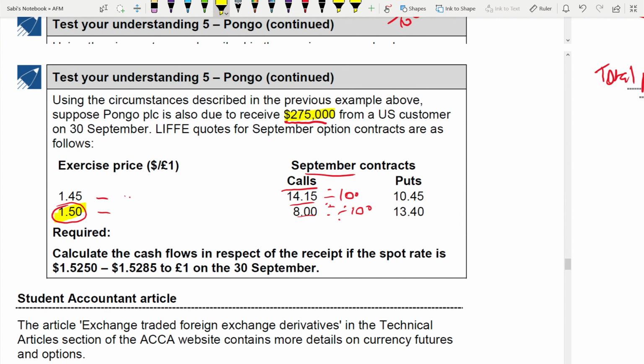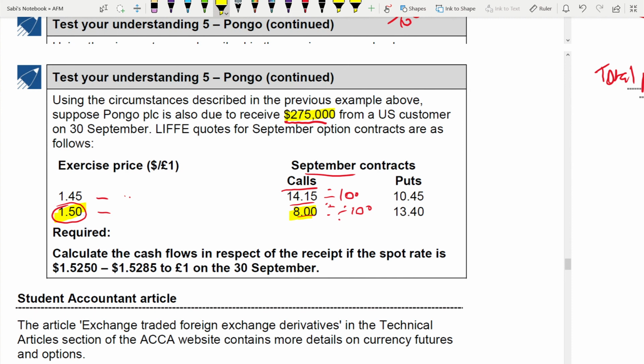Let us go to 2. Here also we are finding the total premium. The premium is 8, that means 0.08, multiplied by 25,000 into 7. So total is 14,000. Sorry, $12,000. You need to convert this into pounds, the premium.